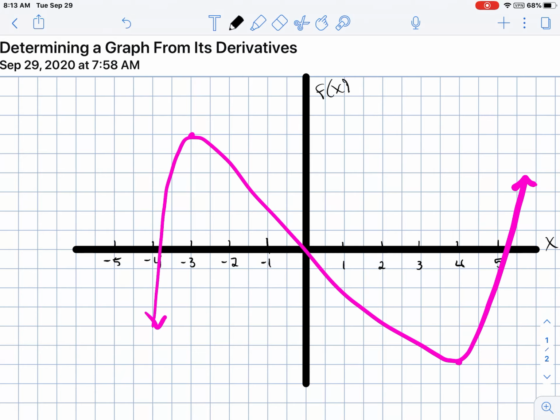So first of all, I can see that on this first section of the graph, the slopes are all positive, and those slopes start out steep and get less steep until we reach this maximum value, and there we know the slope is 0.